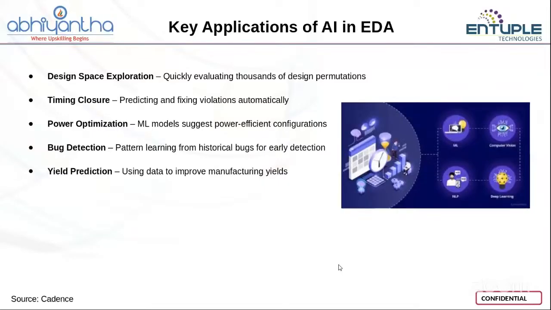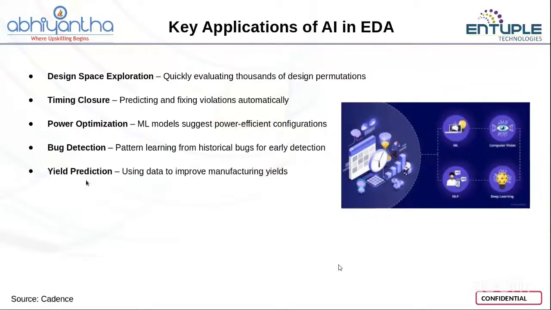Our ultimate aim is the final IC manufacturing. In IC manufacturing, we need to produce a good number of working ICs compared to faulty ICs. So this EDA will produce high yield production.